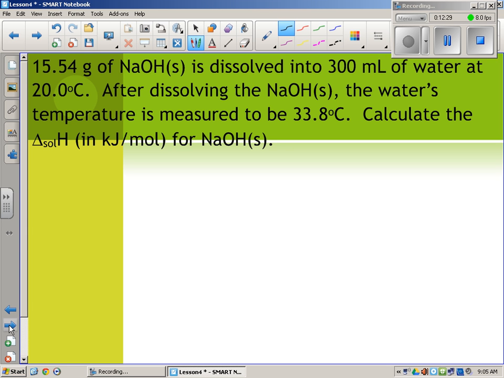Calculate delta solution H in kilojoules per mole. Another term that you're going to see here is calculate the molar enthalpy of the sodium hydroxide. So it might say calculate the molar enthalpy of the sodium hydroxide.